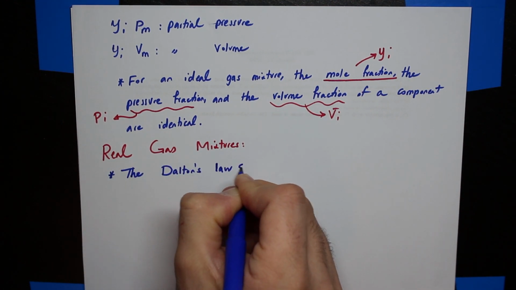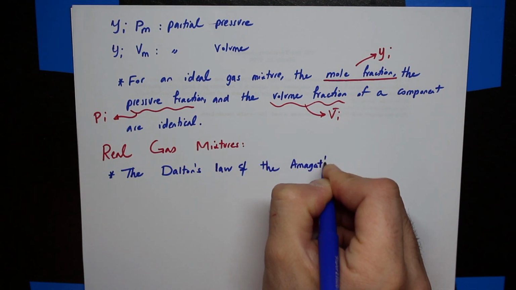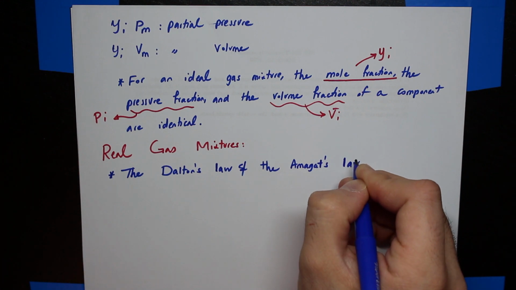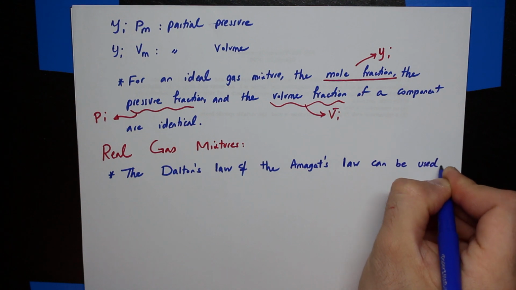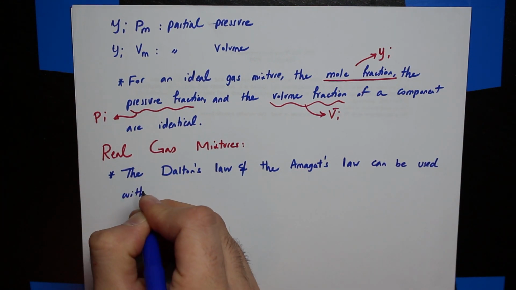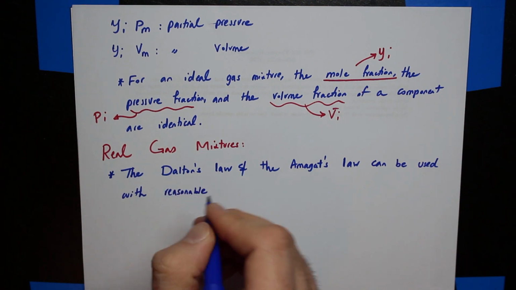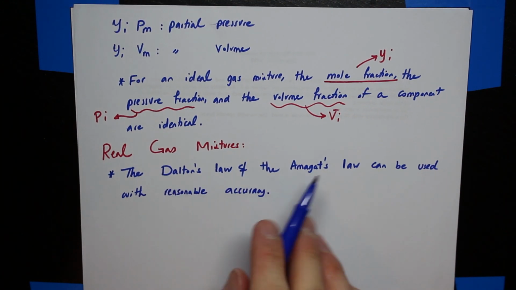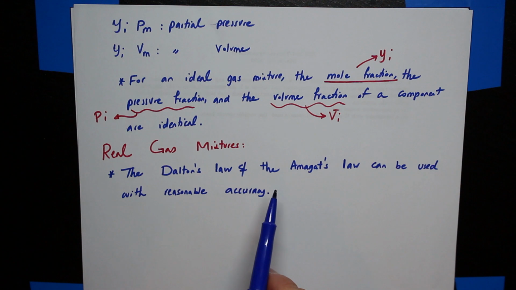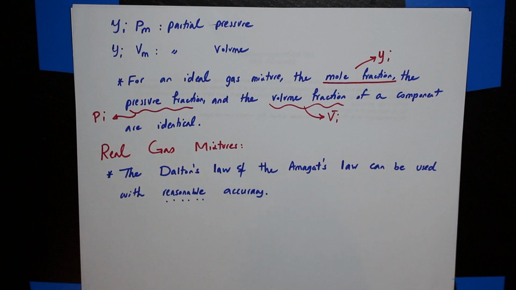Dalton's law and Amagat's law can be used with reasonable accuracy. That means applying Dalton's law and Amagat's law does not give 100% exact value, but still that is reasonable, that is close enough to the actual property.